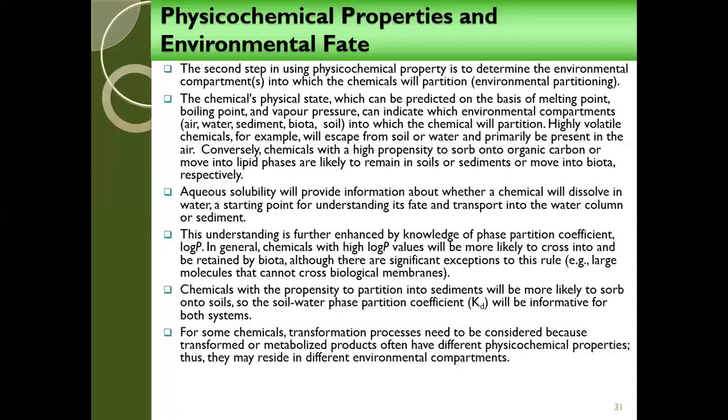That is air, water, sediment, biota, soil, into which the chemical will partition. So if you have a chemical that is gaseous in nature, then you should know that the compartment in which that chemical will be found, will be inclined to, is air. Okay? Something like that. So into which it will partition.